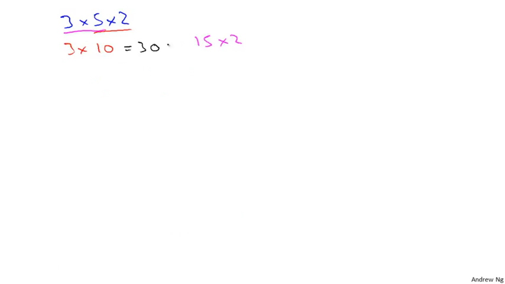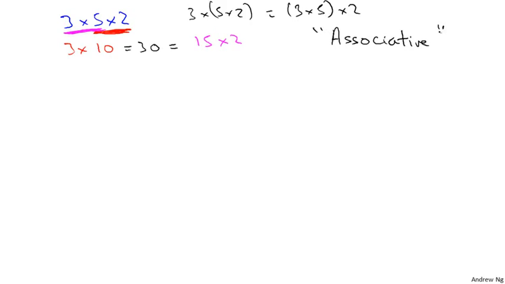Both of these are equal to 30. It doesn't matter whether I multiply 5 times 2 first, or whether I multiply 3 times 5 first. And this is called the associative property of real number multiplication.